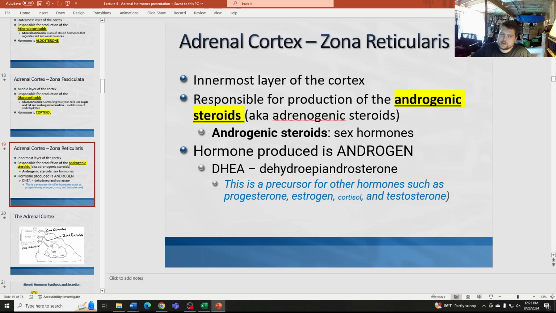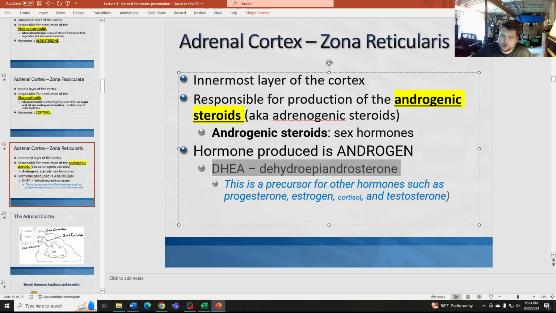Zona reticularis is the innermost layer, and that is responsible for the production of androgenic steroids, also known as adrenogenic steroids, and these are the precursors of our sex hormones. Really what is produced is androgen, also another way of saying that is DHEA, dehydroepiandrosterone.